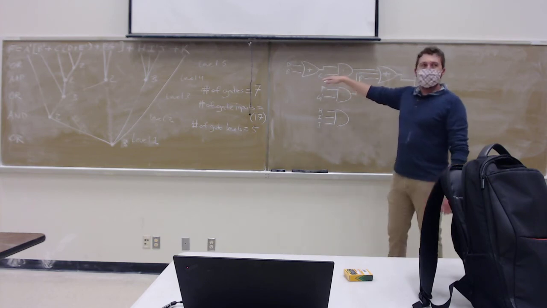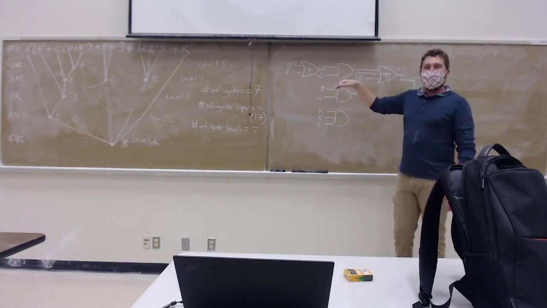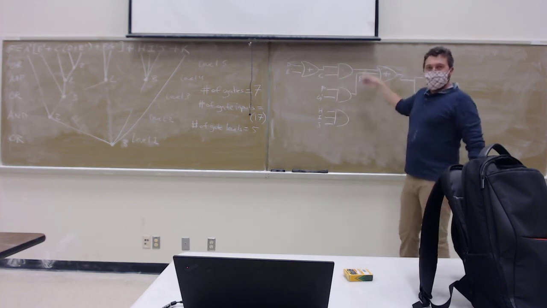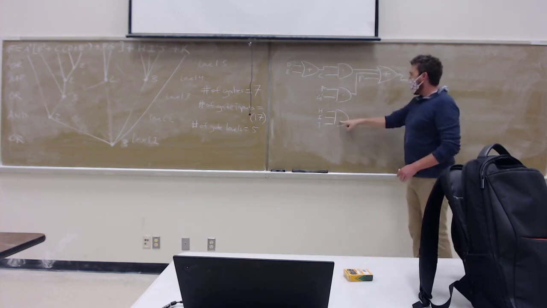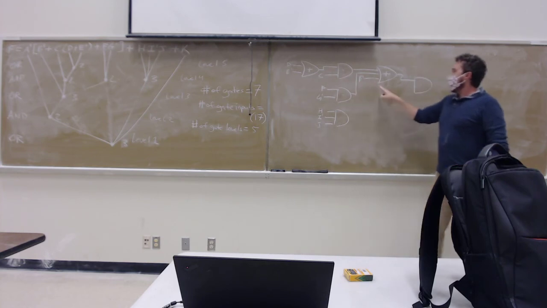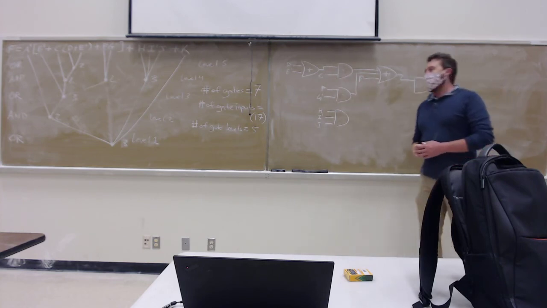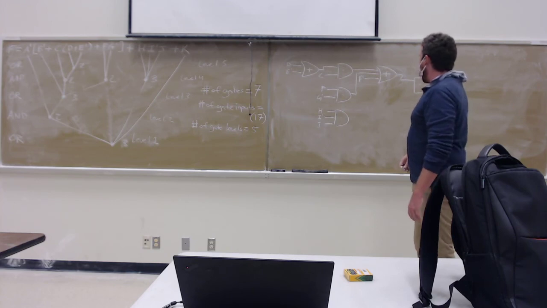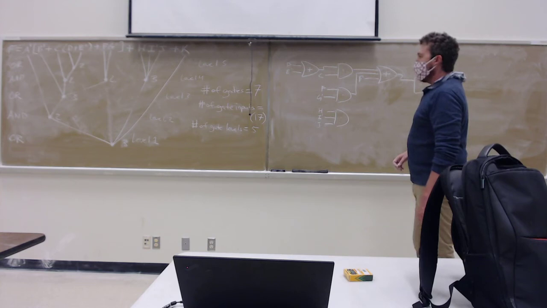Remember our original definition was a level was the maximum number of gates connected in series. Every level is going to connect with its previous level at some place. Even if you have gates that aren't connected, every level is going to have some sort of link in the chain. They're all going to be connected together. Otherwise, they just wouldn't matter. So let's see. In fact, never mind. It's a different thing. Okay.